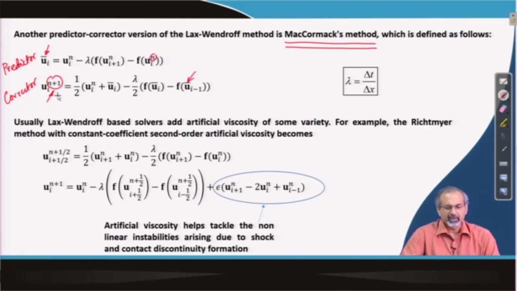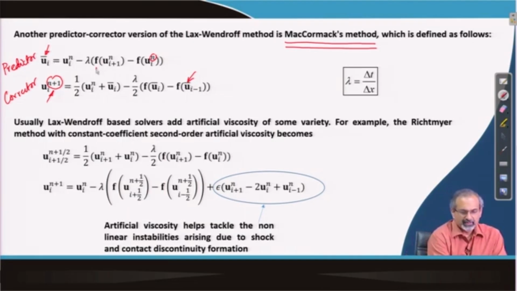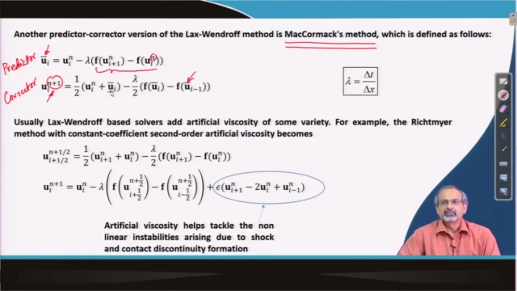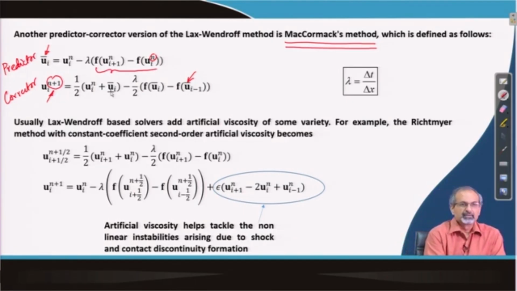Incidentally, MacCormack does not use a mix of staggered and standard grid. It works on the standard grid alone, but you need to notice that in the predictor step, when you are taking a difference of the fluxes, you are using the grid points i plus 1 and i, while in the corrector step you are taking the grid points i and i minus 1.